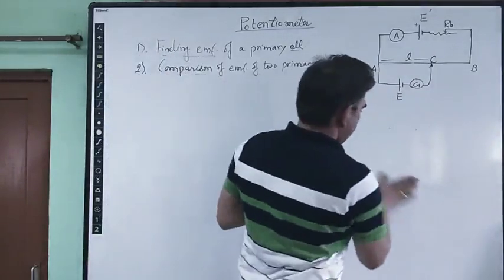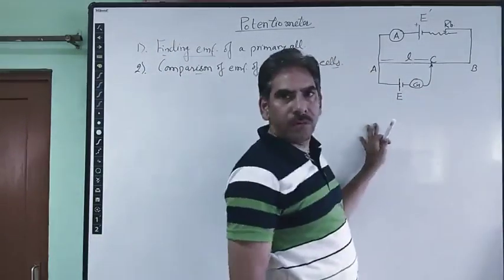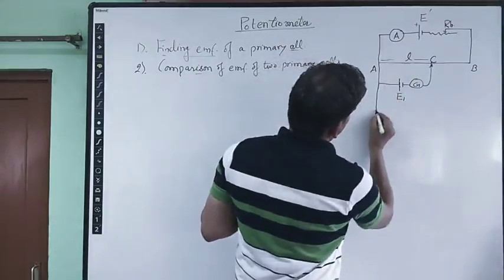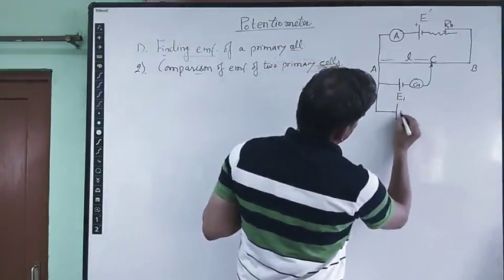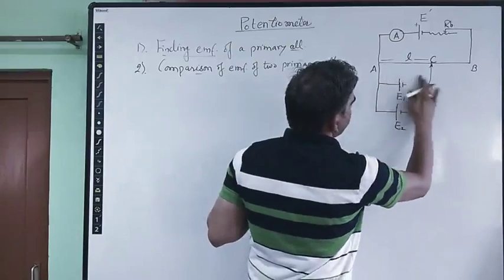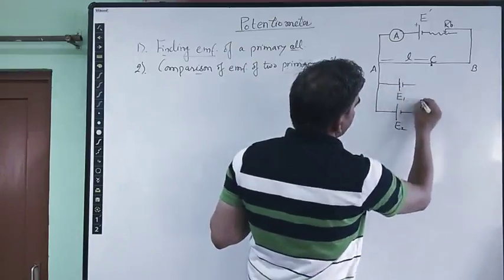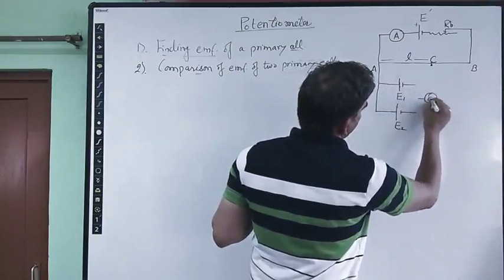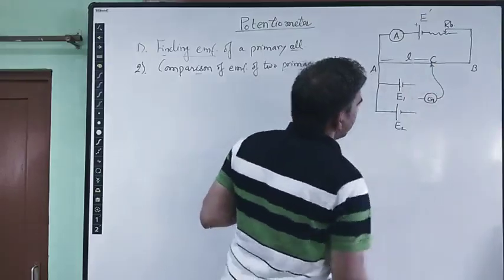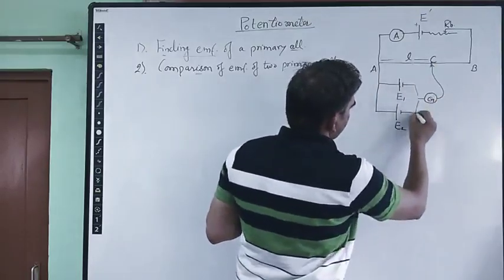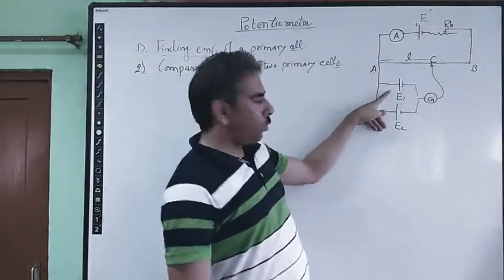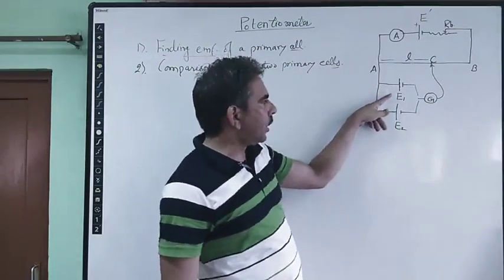Suppose that the EMF of the first cell is E1, and the EMF of the second cell is E2. So the two cells whose EMFs we are willing to compare are E1 and E2.